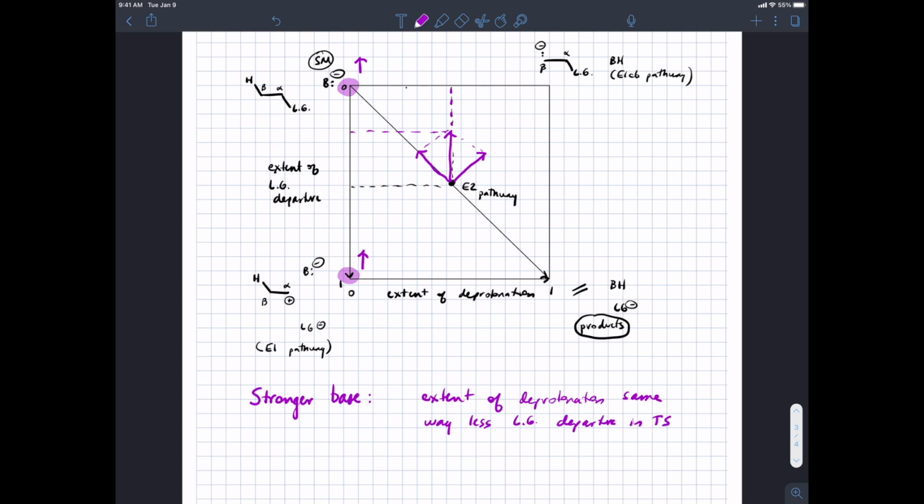If the base is weak, the leaving group has to start to depart in order for the proton to be acidic enough to remove. Right? Protons that are alpha to or beta to leaving groups are more acidic than regular sp3 hybridized carbon-hydrogen bonds because of the sigma to sigma star hyperconjugation with the leaving group. That hyperconjugation should be more important the more the leaving group leaves, and that should therefore make the proton more acidic. So I would say if a base is stronger, the leaving group doesn't have to depart as much to make the proton acidic.